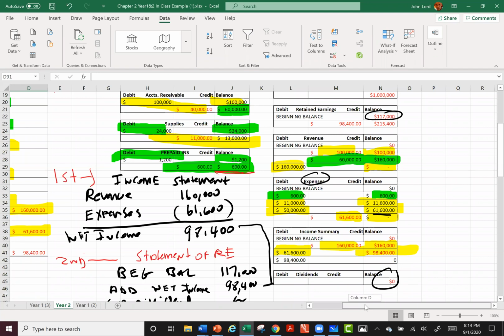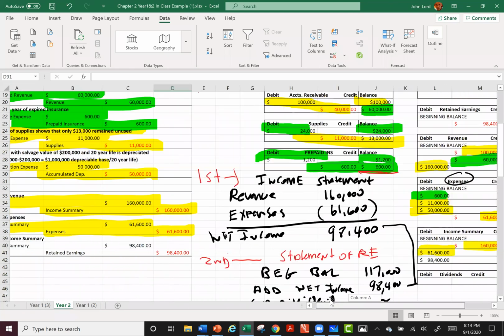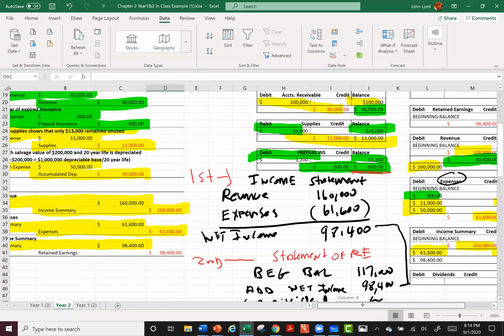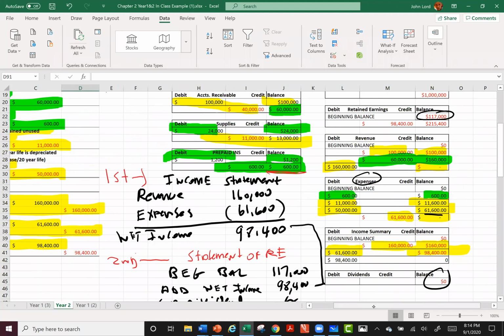So I go ahead and I debit income summary 98.4. When I debit income summary 98.4, that closes out my income summary. It's back to 0 because I need to keep track of my revenue, my expenses, my dividends, my income by year. So everything is now at 0. Dividends had no activity for the year, so it just stays at 0.